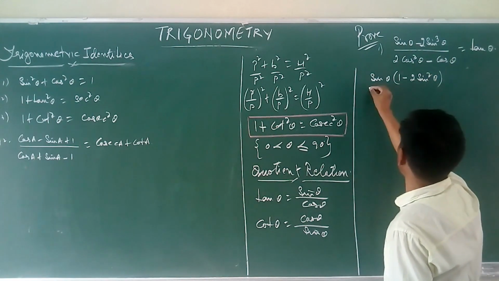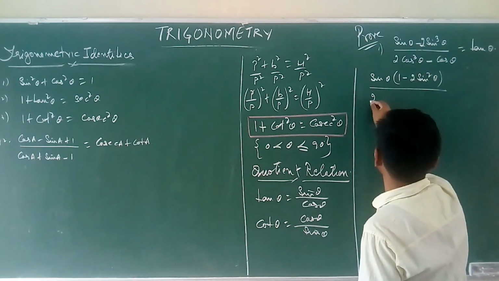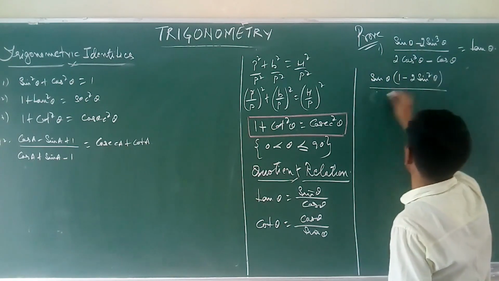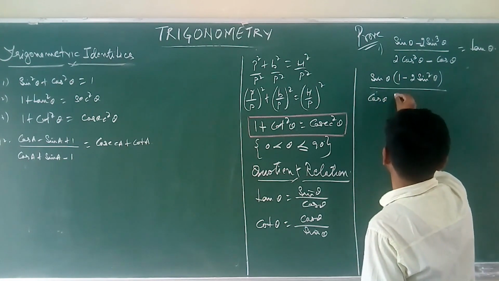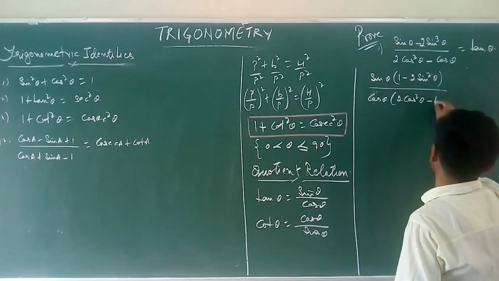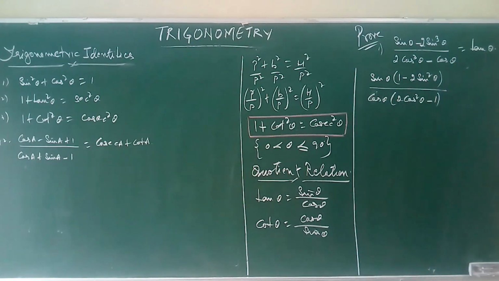And divided by, taking again cos common, cos of theta times 2 cos square theta minus 1, isn't it?